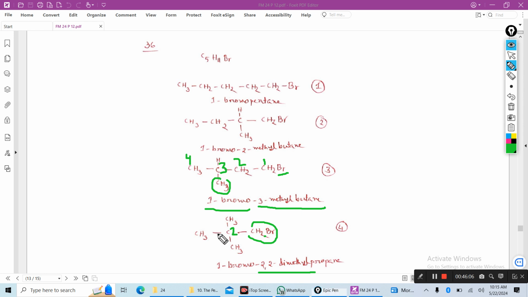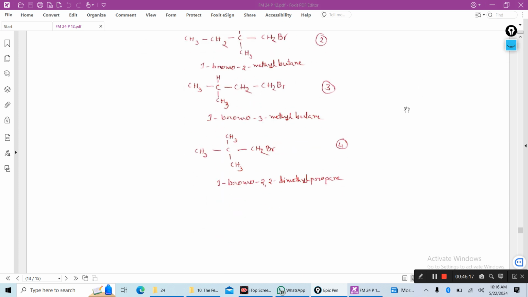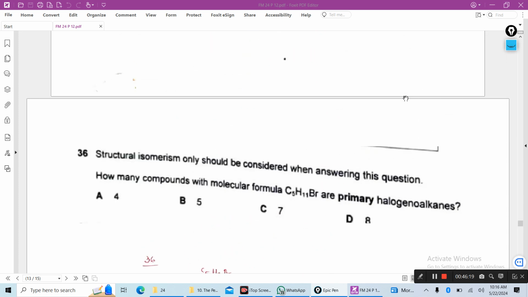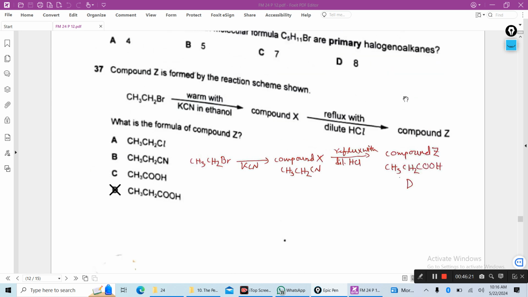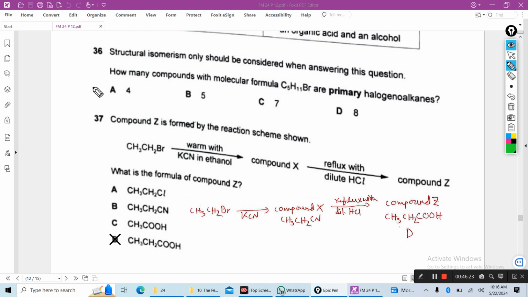Number 2 carbon contains 2 methyl groups. So 1-bromo-2,2-dimethylpropane. That's why 36 is the right answer. Now 37.